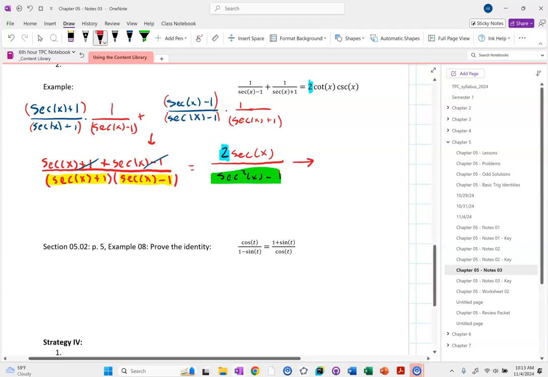For secant? P3. So secant squared minus 1, if you look at P3 and we subtract 1 from both sides, secant squared minus 1 is equal to tangent squared.